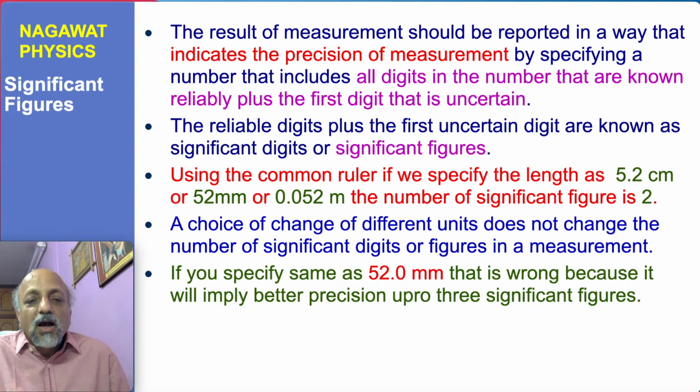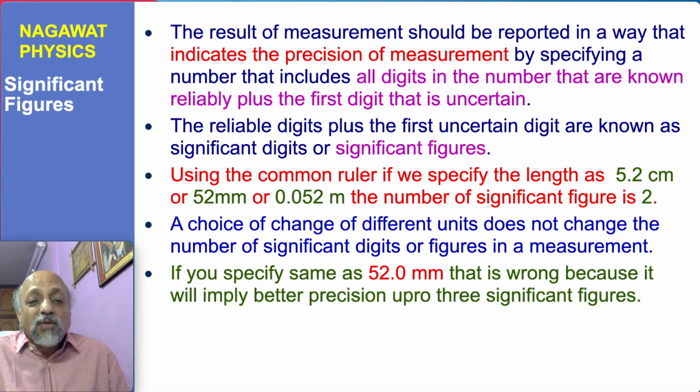We will learn shortly how to compute significant figures and what the rules are. A change of unit does not change the number of significant digits. So the outcome of measurement, 5.2 centimeter, expressed as 52 millimeter or 0.052 meter, remains 2 significant figures, but the unit has changed in the three kinds of reporting.